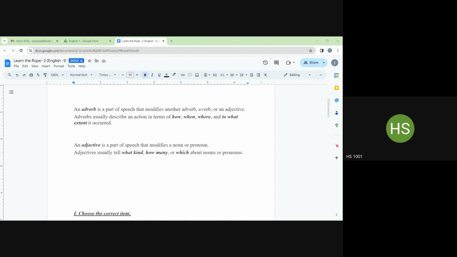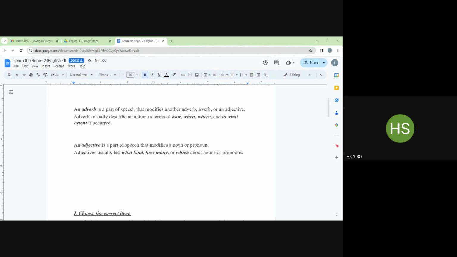Besides that, nothing. Because the adverb has more modifying work, you can see what kind of modification it does. For example, it can describe the action in terms of how, when, where, and to what extent. This 'to what extent' is what you call the adverb of degree. An example like 'very good', right?